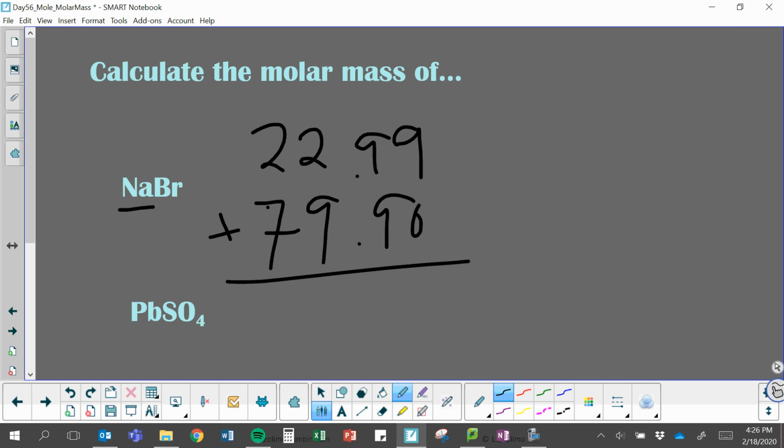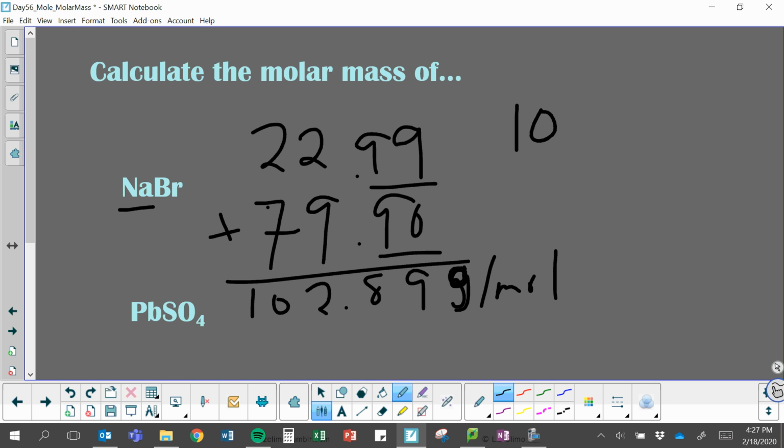And if we do that, we get the number 102.89, and then can't forget our unit of grams per mole. Okay, and then for our sig figs again, we're adding, so we're going 2 after the decimal, which is what our answer did. So I'm going to write that over here.